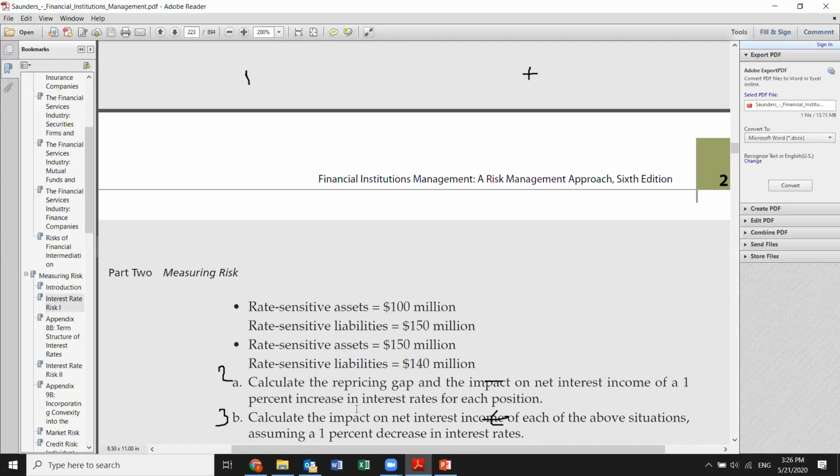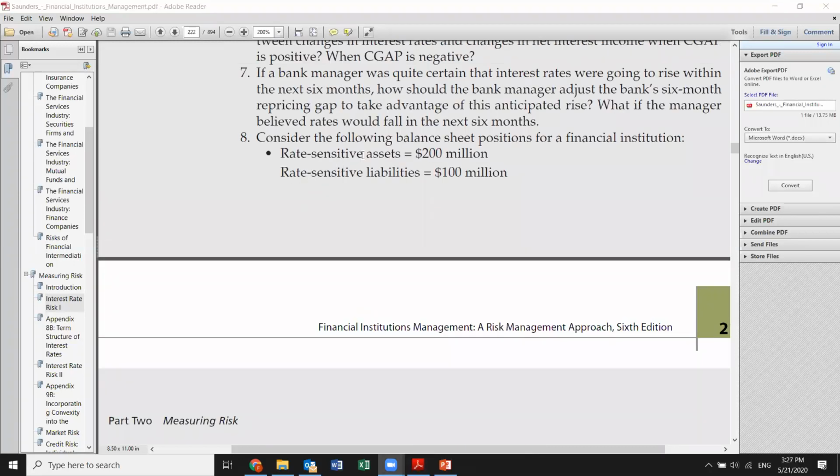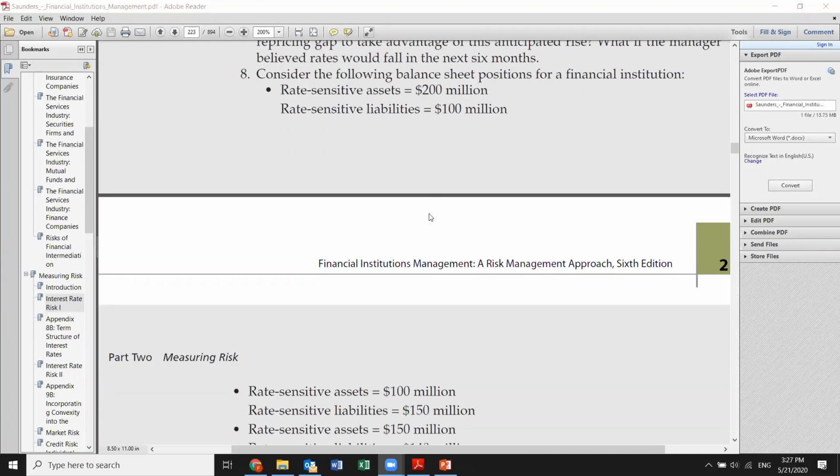This is very important to understand the logic, the highest exposure and the lowest exposure. If something is not clear, let me know and I will explain it again. The third part has the lowest exposure to interest rate risk, and the first one has the highest exposure to interest rate changes.